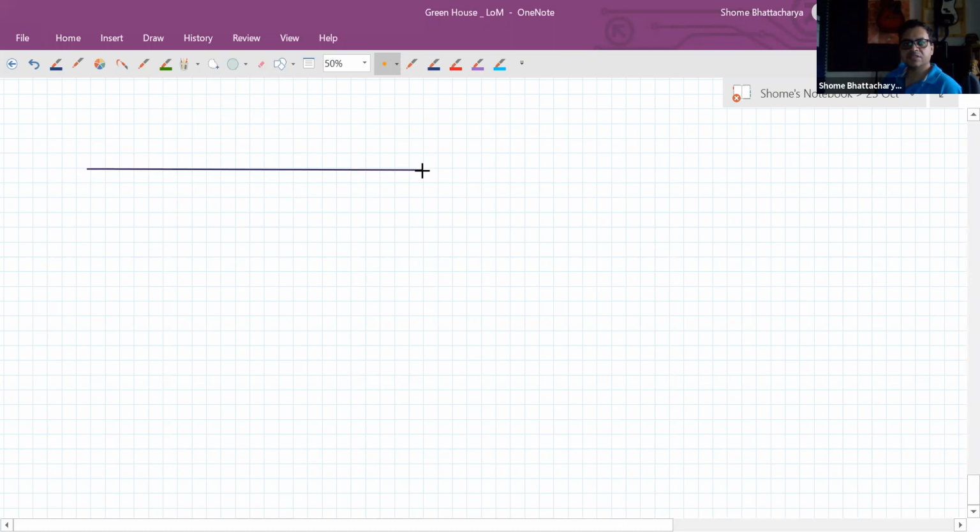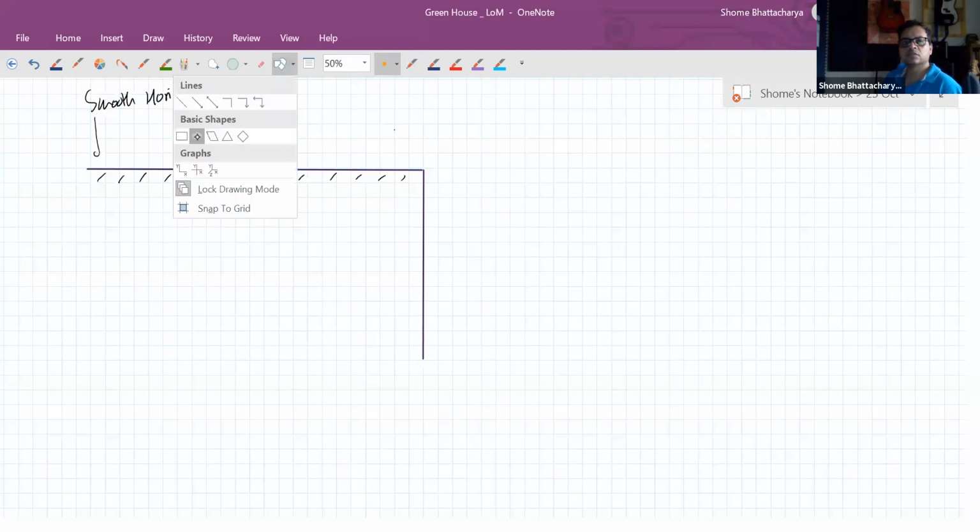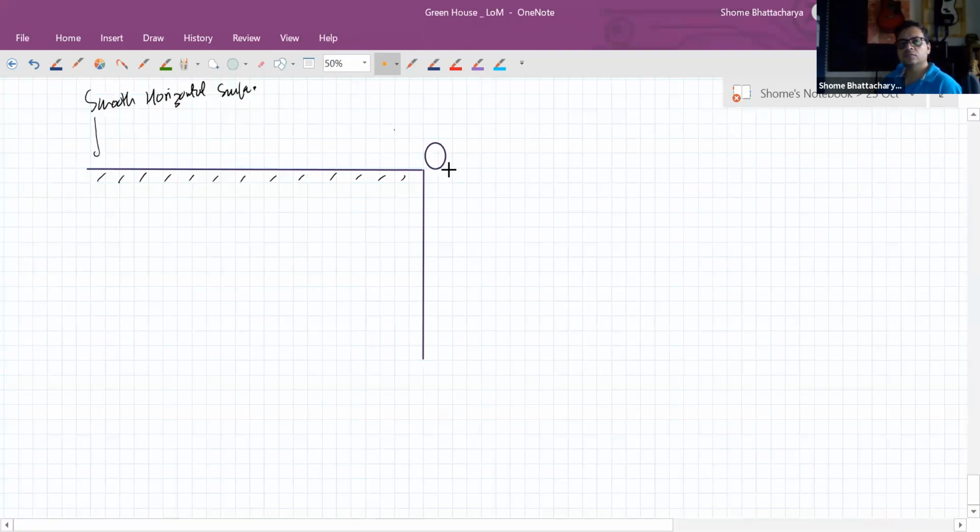Now this is a frictionless table, a frictionless horizontal surface of the table. On that smooth surface, at the corner, we have mounted a pulley and fixed it to the corner.